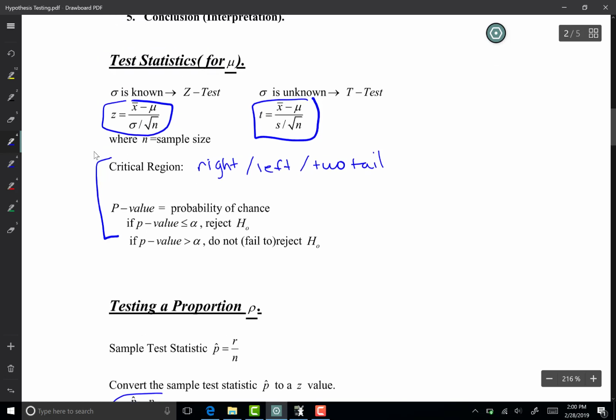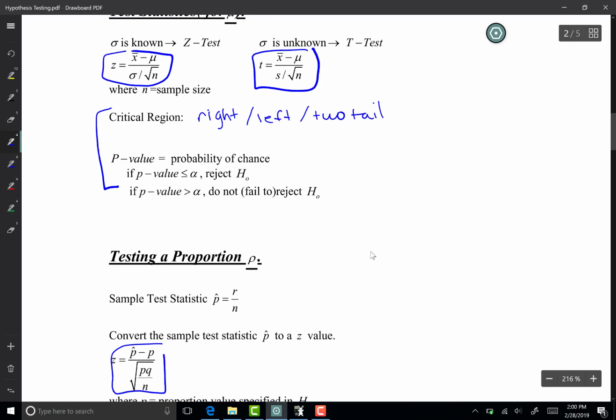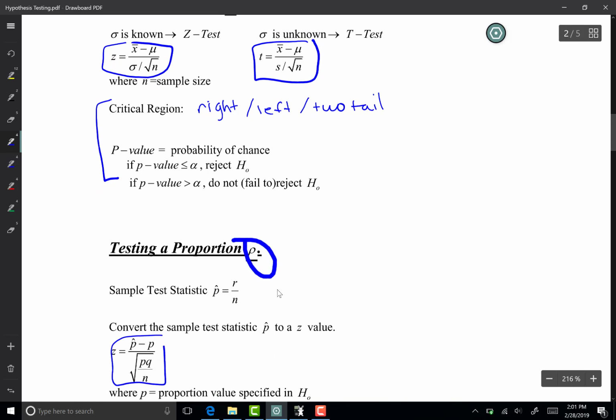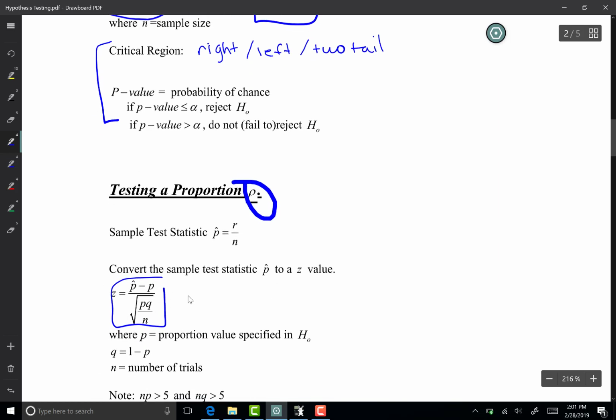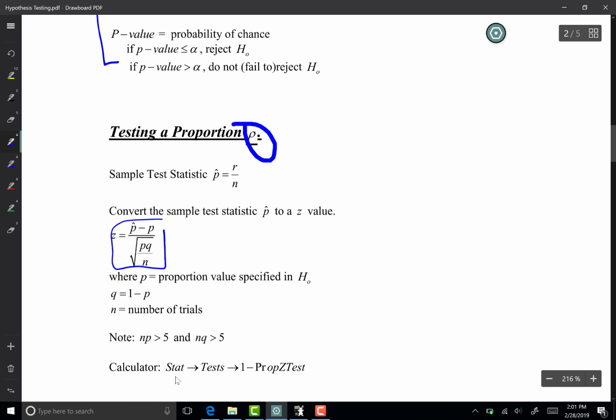So just like with the confidence intervals, when we deal with one sample, we can have one sample for when we're testing on the mu, whether we know sigma or don't know sigma. And if we're testing for the proportion, we have what's called a one prop z-test on our calculator.